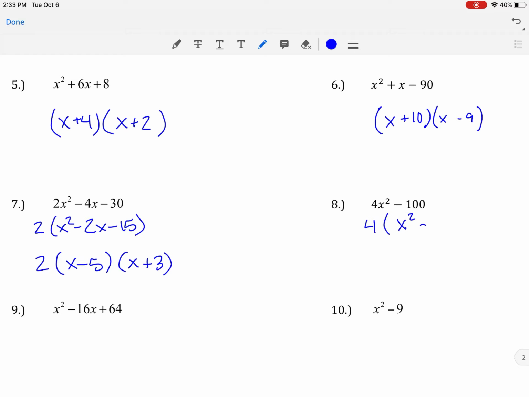Don't forget about the GCF. And remember on this one, we're looking for what times what gives me negative 25 and adds together to be 0, since we're missing our middle term. So we get negative 5 and positive 5.